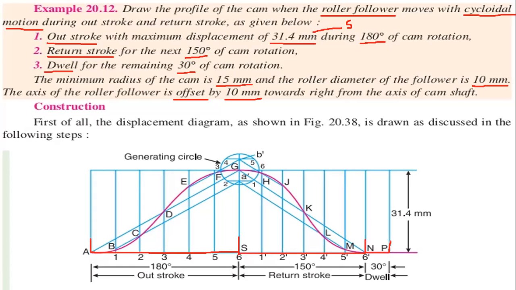That is the dwell period. So first we have to divide the outstroke section into 6 equal parts, that is 18 centimeters. By converting it into the scale, 180 degrees is taken as 18 centimeters. So the 18 centimeters is divided into 6 equal parts, 3 centimeters apart.